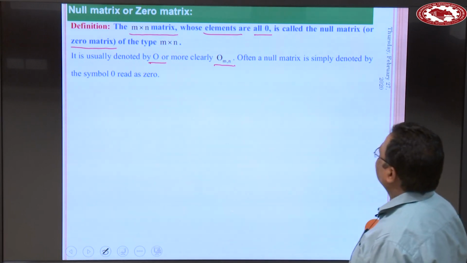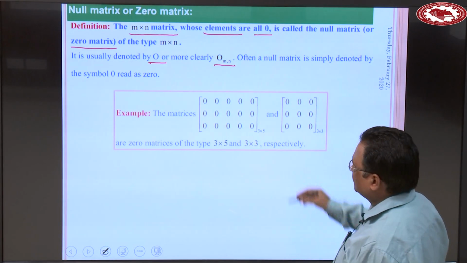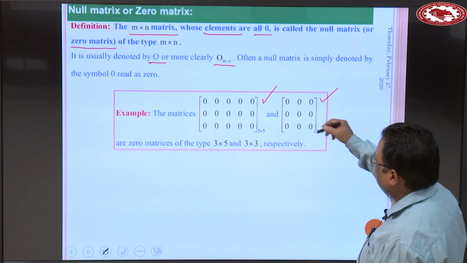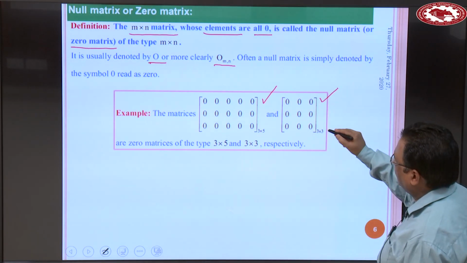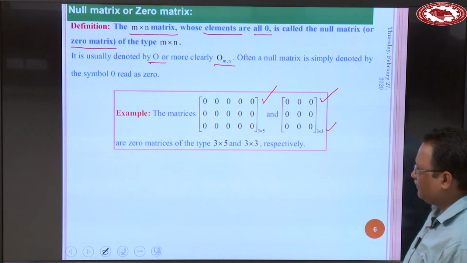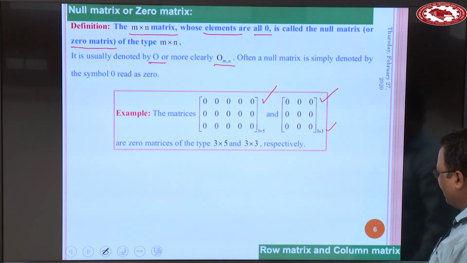Often a null matrix is simply denoted by the symbol 0. This one is an example of a null matrix of order 3 by 5, and this one is an example of a null matrix of order 3 by 3. So, these are 0 matrices of the type 3 by 5 and 3 by 3 respectively.